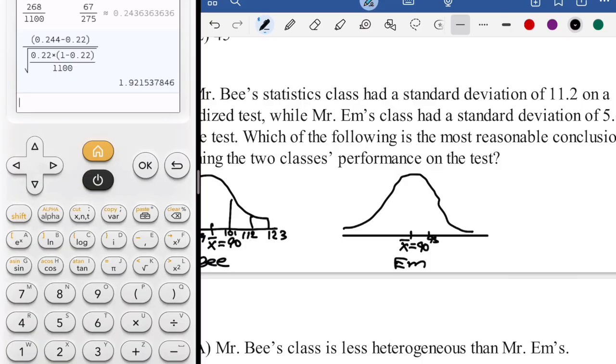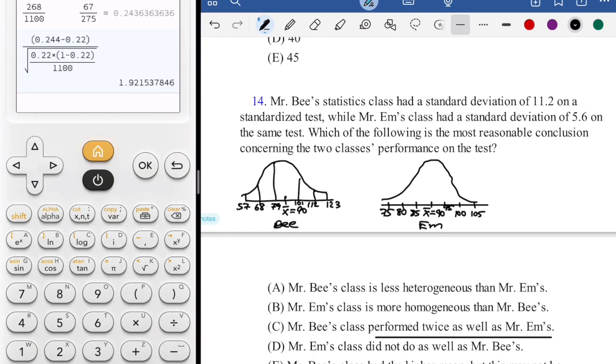So 95, 100, 105, 85, 80-ish, 75. Now, I'm not doing this so that you think you have to do this on the exam. I'm doing this because I want you to understand the idea. I just made up that 90. This is just telling me how spread out the data would be.